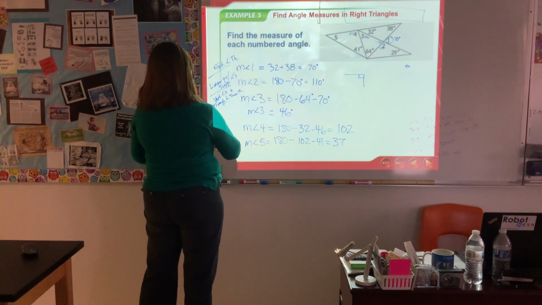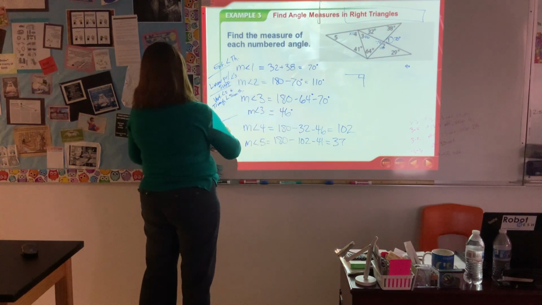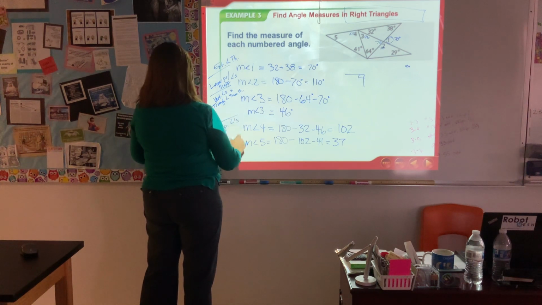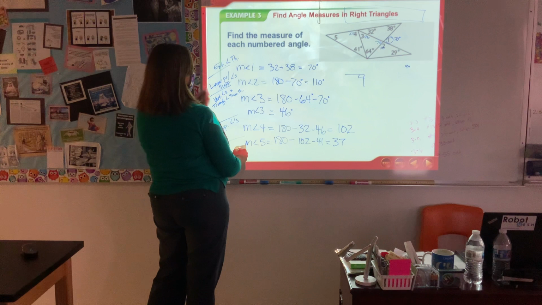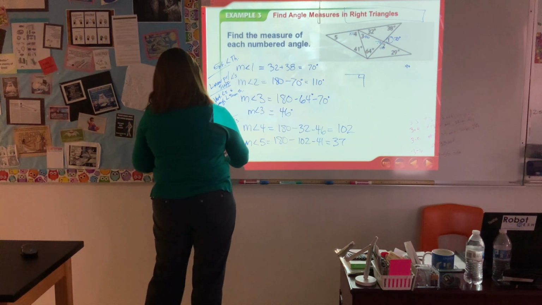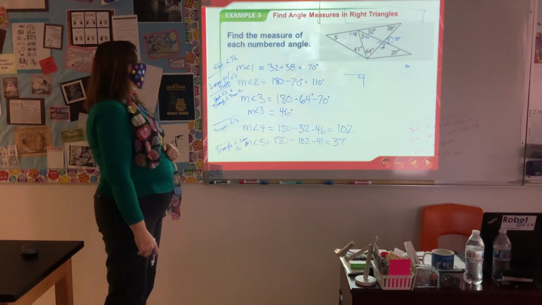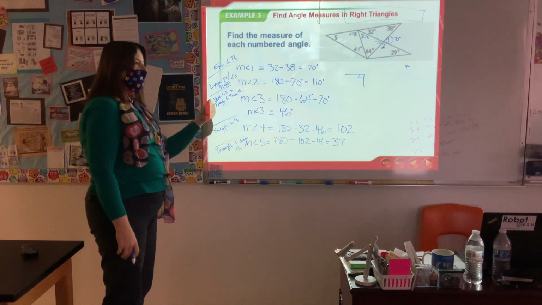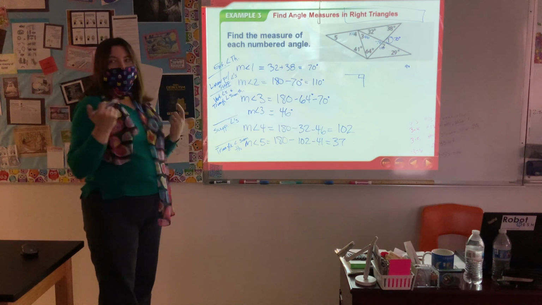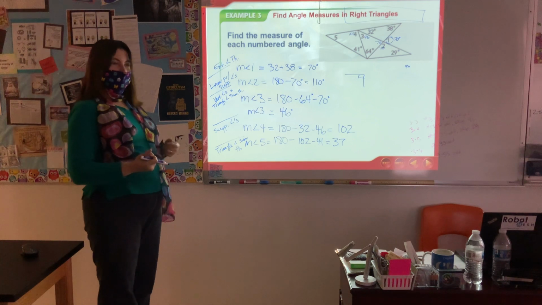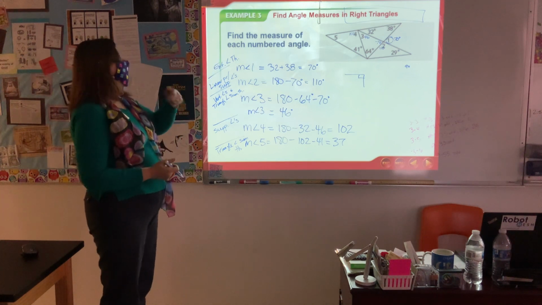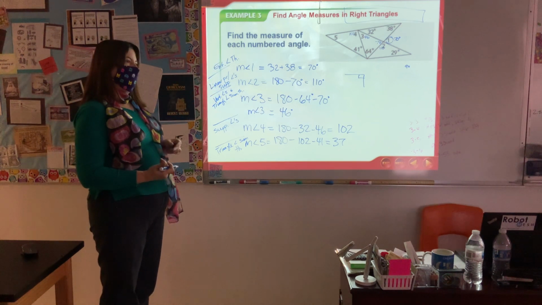And then to find angle 4, we just looked at supplementary angles. And then angle 5 was once again the triangle angle sum theorem. So you have to use those theorems and those definitions in order to figure things out, but all it is is defining those relationships.